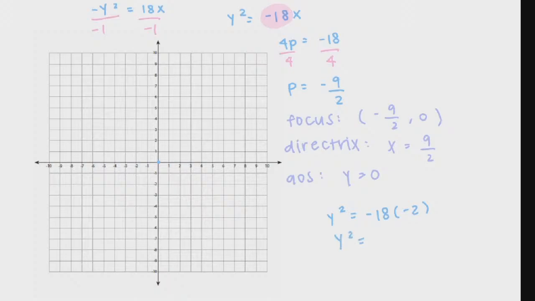So that means we have y squared equals 36. And then we can square root both sides and we'll get y equals plus minus 6. So that means when x is negative 2, the y values are 6 and negative 6. And this graph is opening to the left.